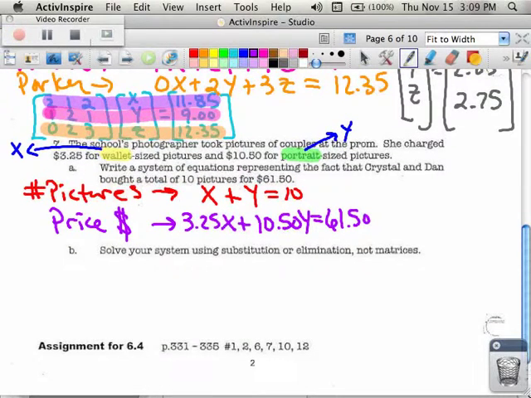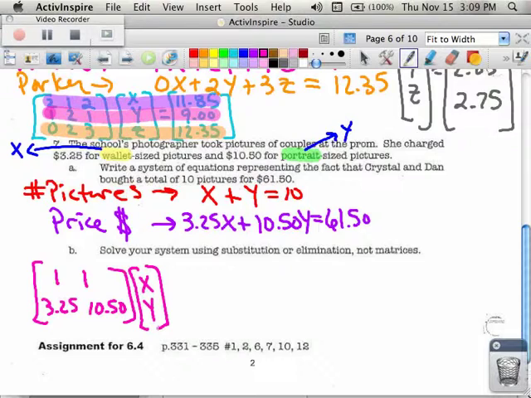So now we're supposed to set this up in a matrix solution set. The way that I would do that is I would write it as 1, 1, 3.25, and 10.50. Notice how there are no commas in any of these things. I would of course have my variable matrix, x and y, representing the number of pictures in wallet size and portrait size, and that's equal to the number of pictures, so 10, and 61.50 for the total price spent.